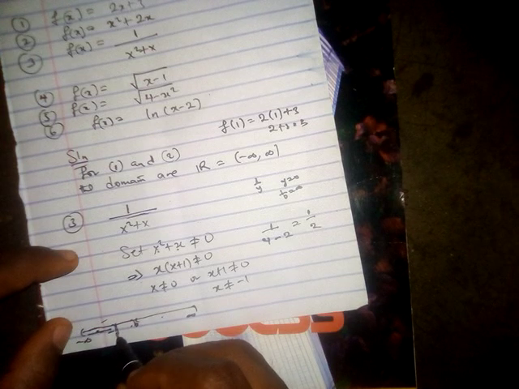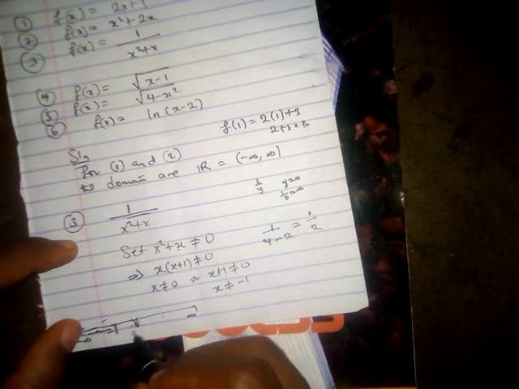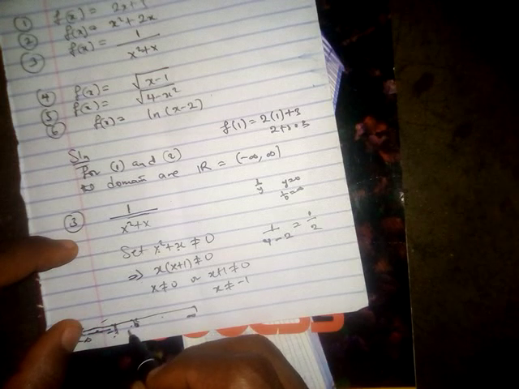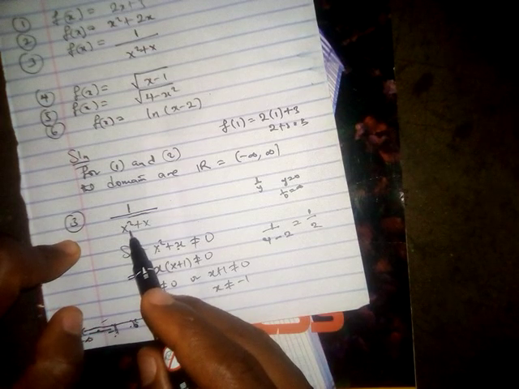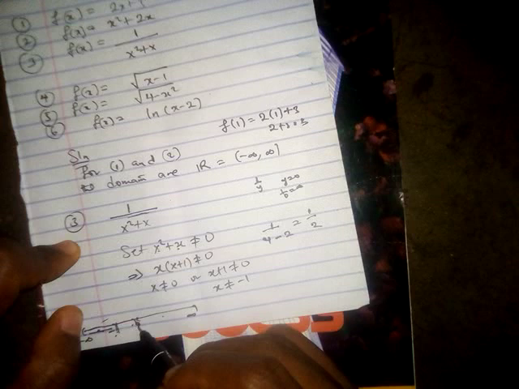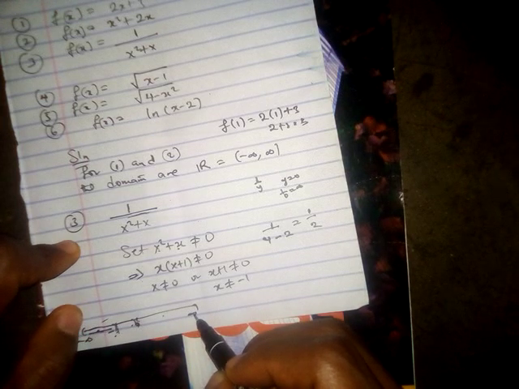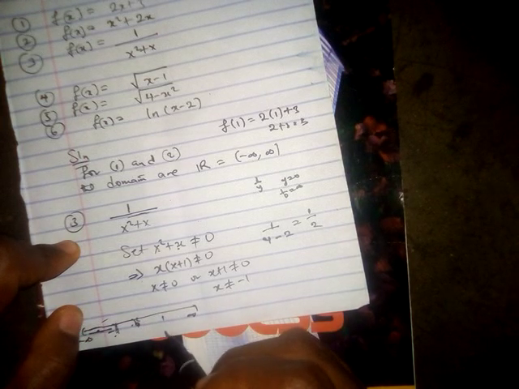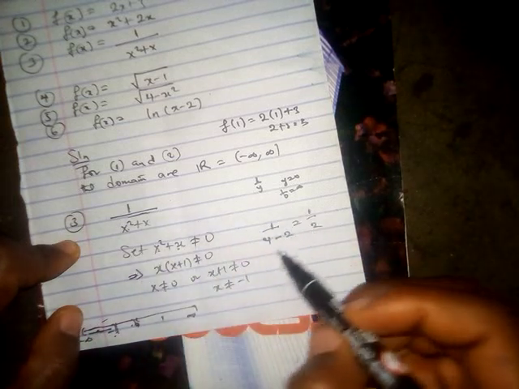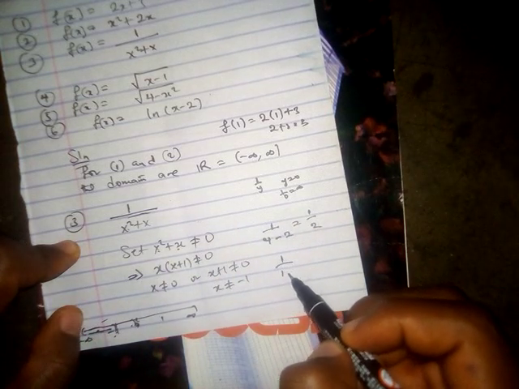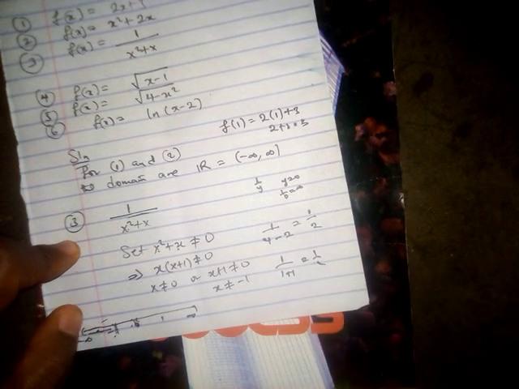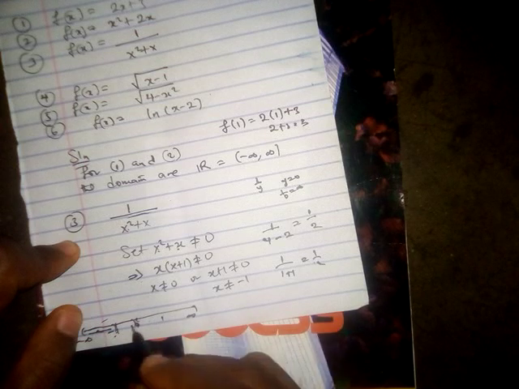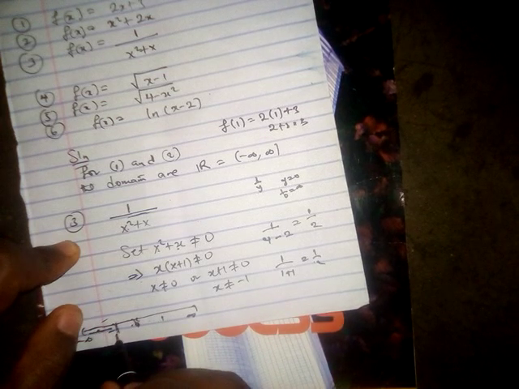Now between minus 1 and 0, we have minus 0.5. If I put minus 0.5, we can also have a value. And between 0 and infinity, if I put the value 1, I have 1 over 1 squared plus 1, which is 1 over 2. So you see, I still have a value. So it is true for every other value except minus 1 and 0.